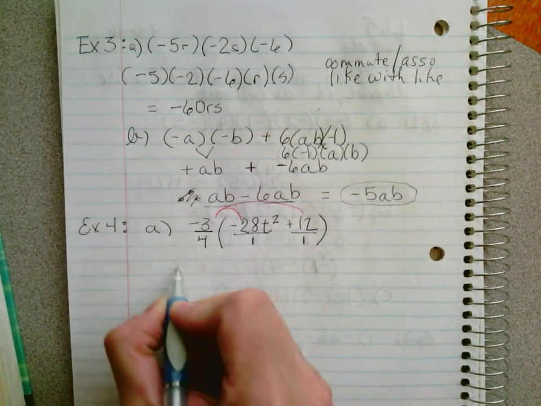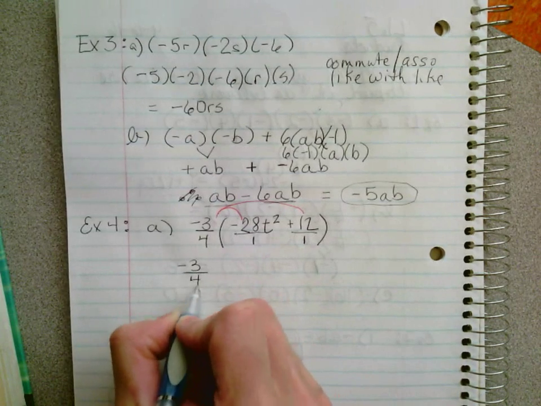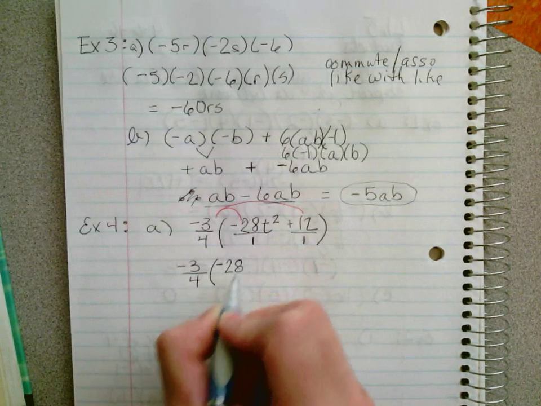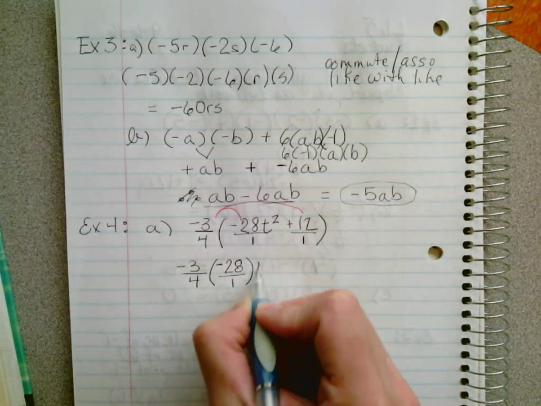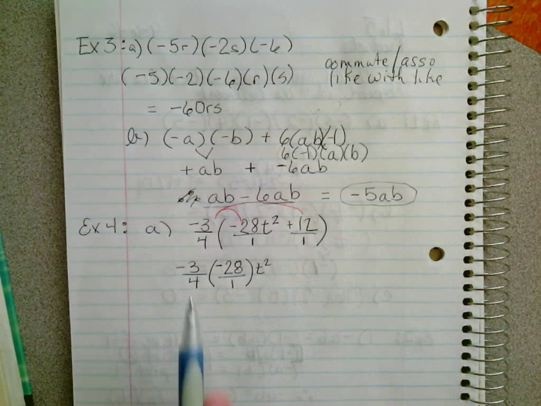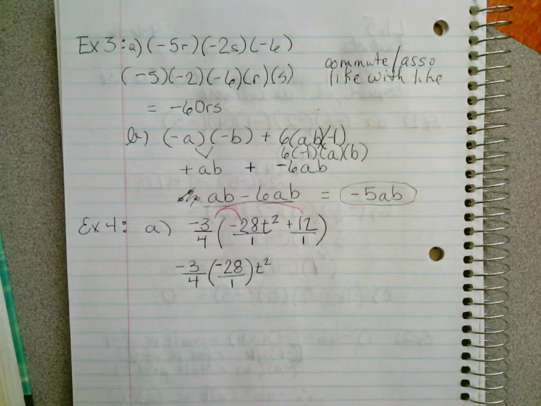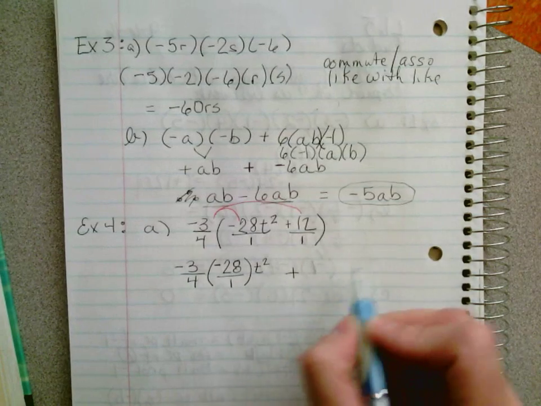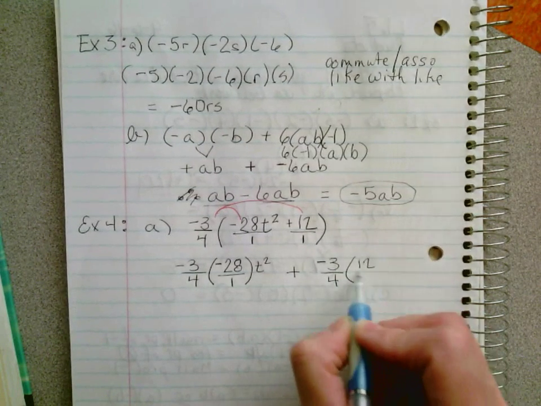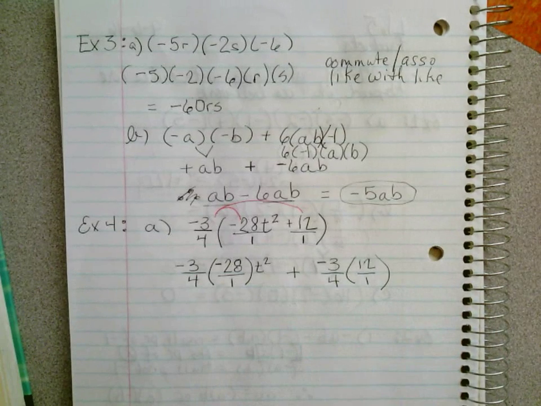So I'm going to show what it would look like. Negative 3/4 multiplied by negative 28 over 1, and I'm going to just ignore the t squared, leave it separated because it'll just make it easier for me to see these numbers. Added to negative 3/4 multiplied by 12 over 1. Okay? So far so good?